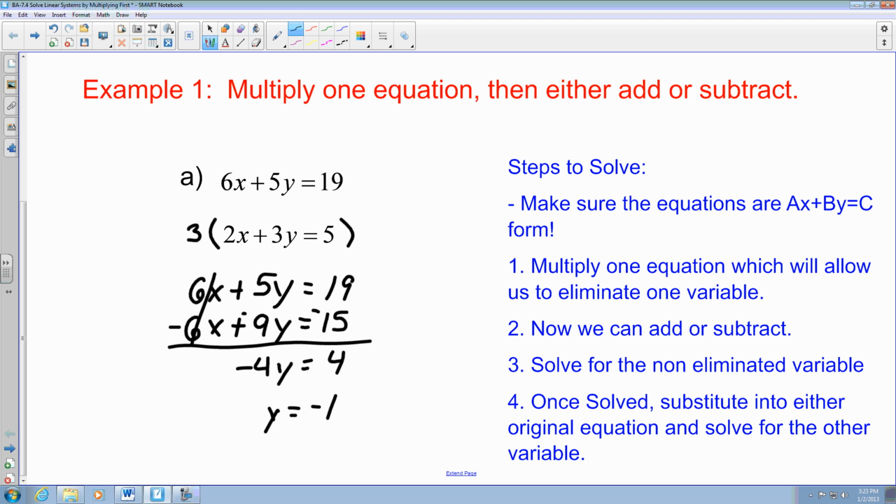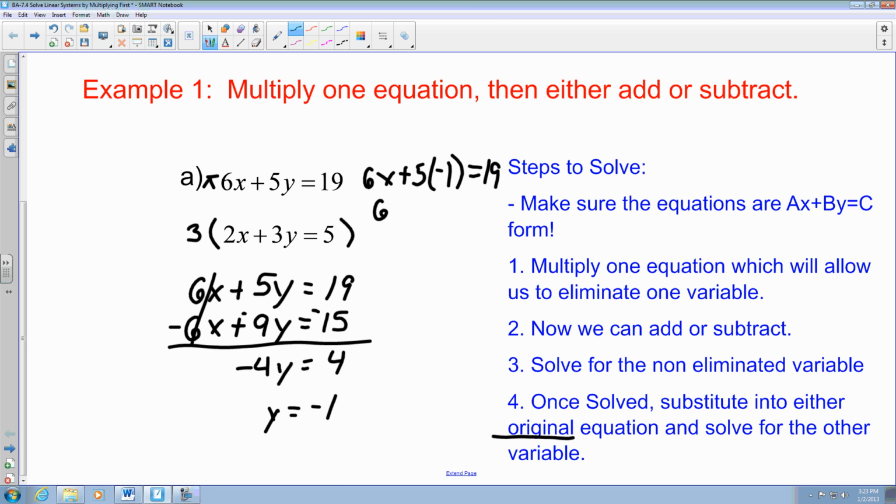So now that's step 3. I solve for the non-eliminated value. The fourth step is, once we solve it, substitute it into either original equation, keep that in mind, and solve for the other variable. So I'm going to use the top one right here. And so I have 6x plus 5, and I'm going to substitute in negative 1 for y, equals 19.